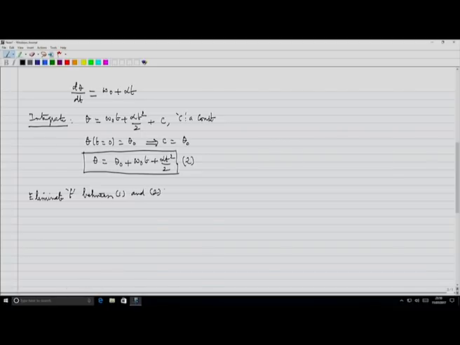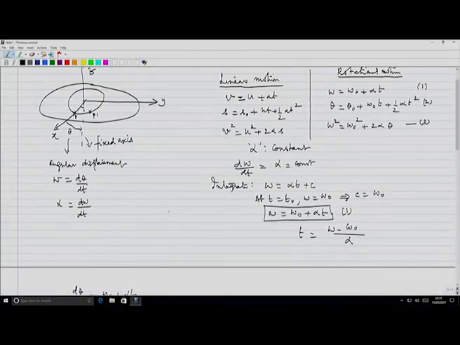You can do it as a simple exercise, and you will get omega squared is equal to omega naught squared plus 2 alpha times theta minus theta naught. So this is the third equation.